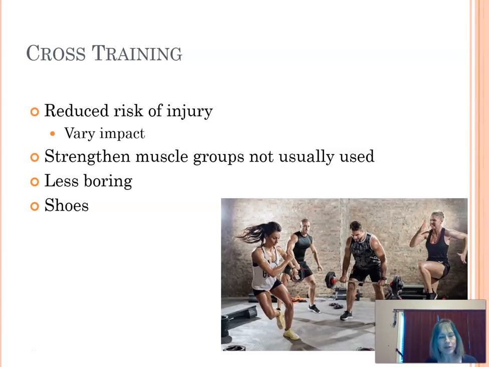Now, while we're talking about cross training, we just have to talk about shoes for a minute because this is definitely a pet peeve of mine, right? If you go to any shoe store, like go to DSW, go to Kohl's, go to wherever, 90% of the shoes are running shoes, right? But 90% of people don't run. Most people don't run.